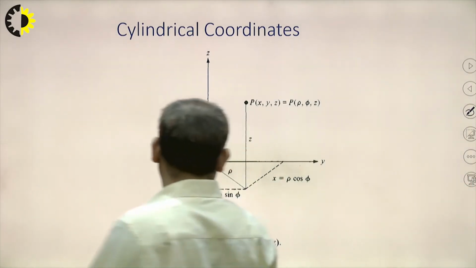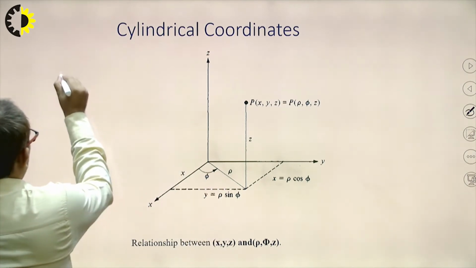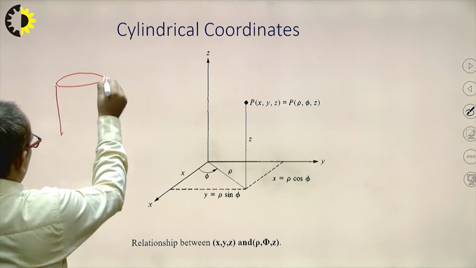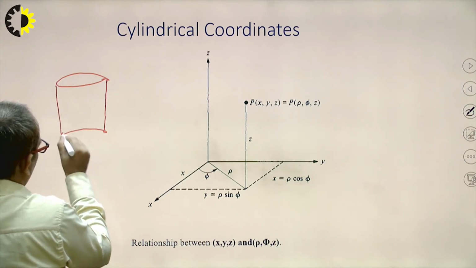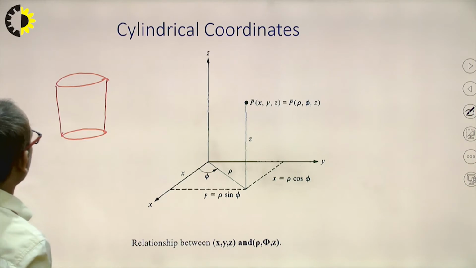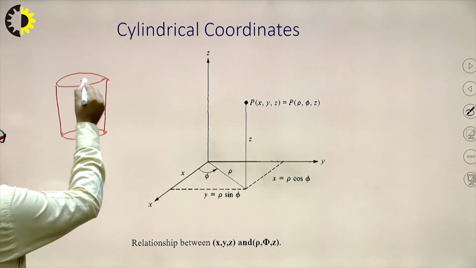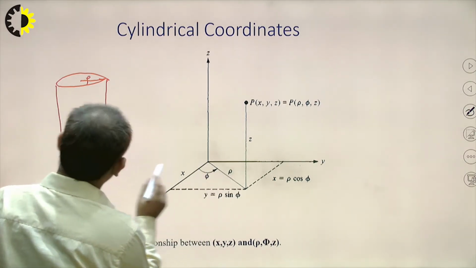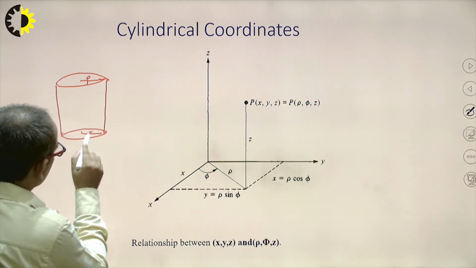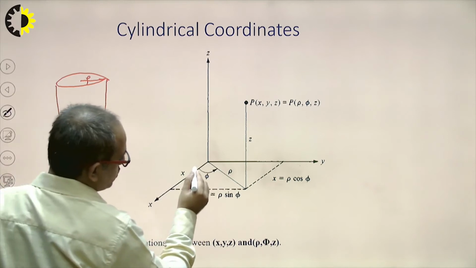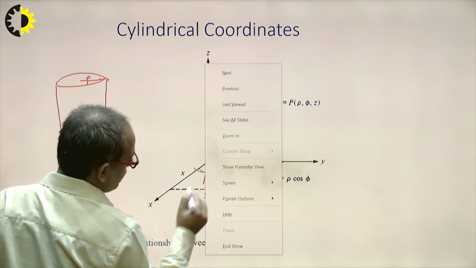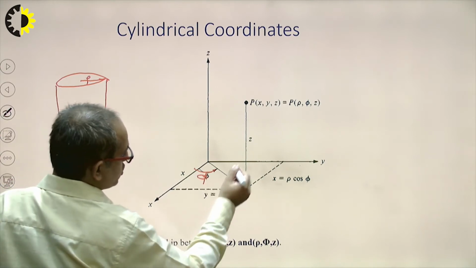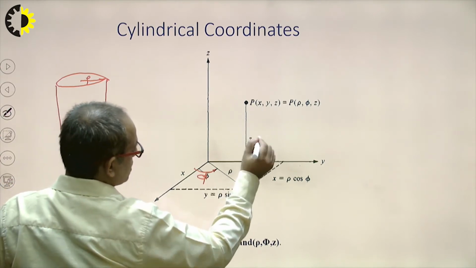Now see, if this is a cylinder, and this cylinder has a radius rho, so this will be the rho. Clear? And this one is the phi. This one is rho and this one represents the z.